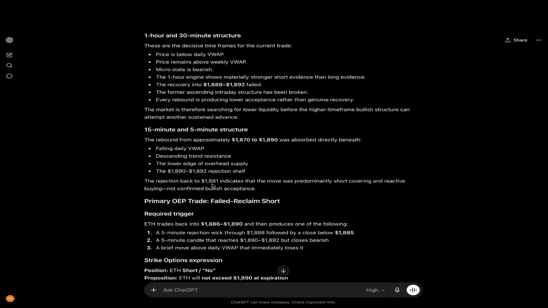The rejection back to $1,881 indicates that the move was predominantly short covering and reactive buying, not confirmed bullish acceptance.